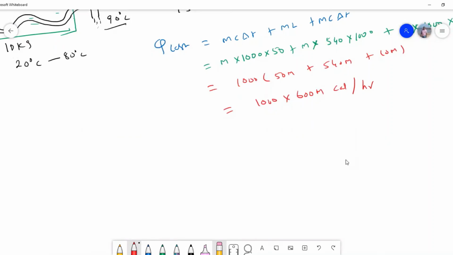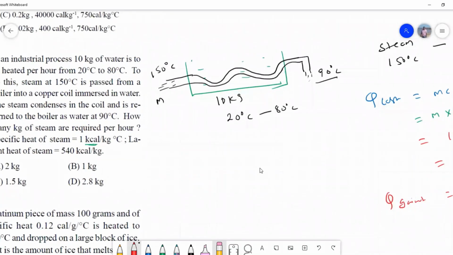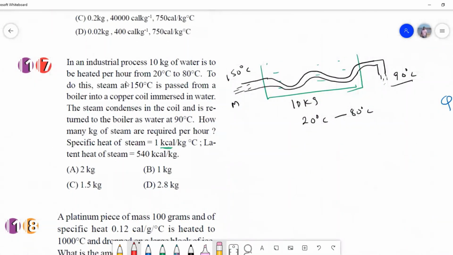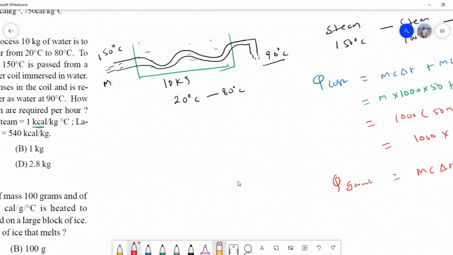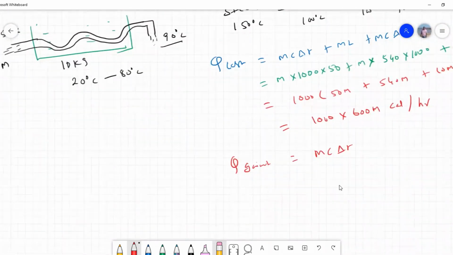Now let us calculate heat gained, which is nothing but only MC delta T. How many kilograms of water is taken? 10 kg of water, from 20 to 80. So the mass is 10 kg.